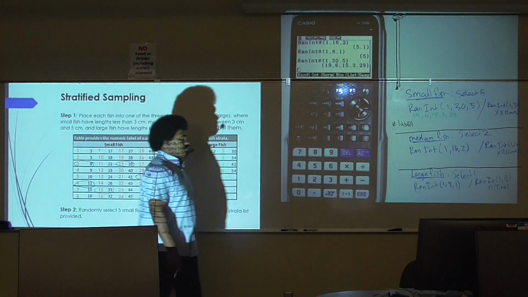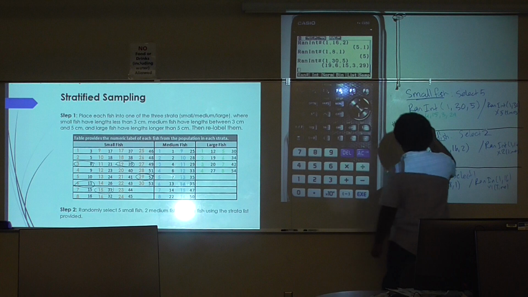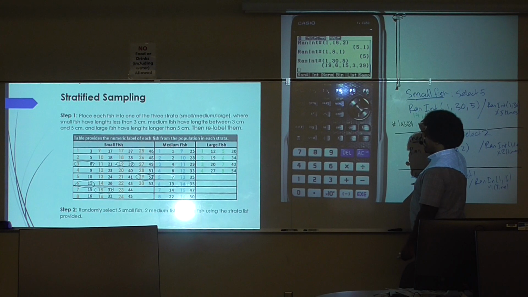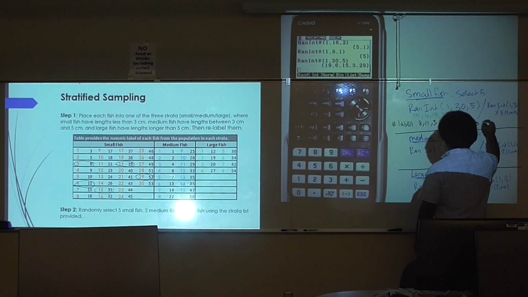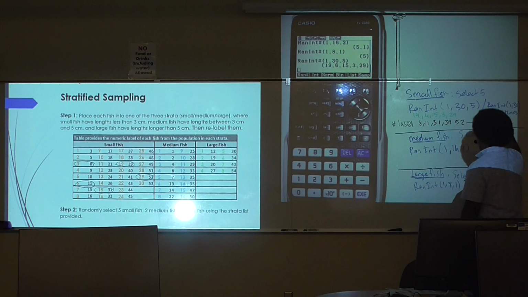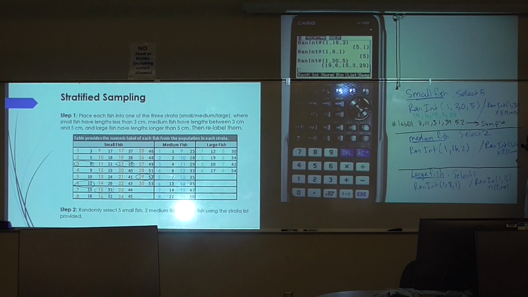So those are the fish I'm putting into my sample: 8, 11, 31, 39, and 52. I'm going to find out which ones they are when I get to the next page or go back to the population.